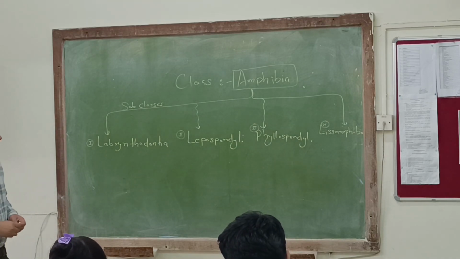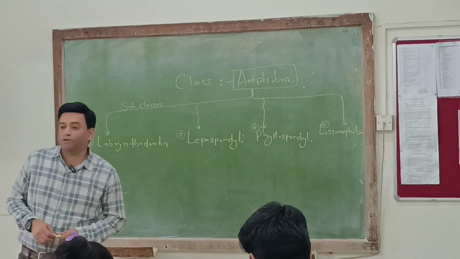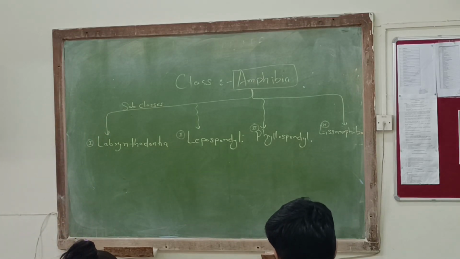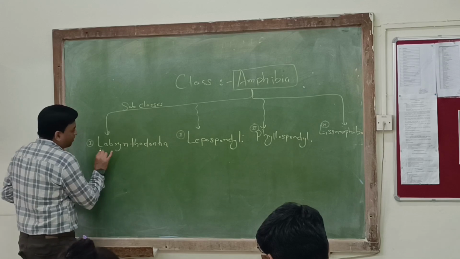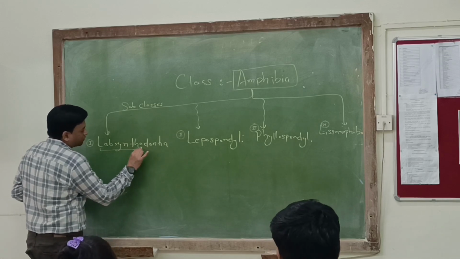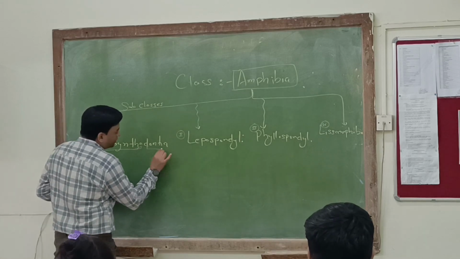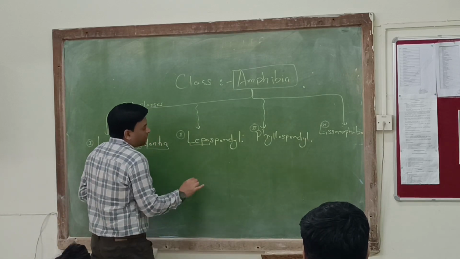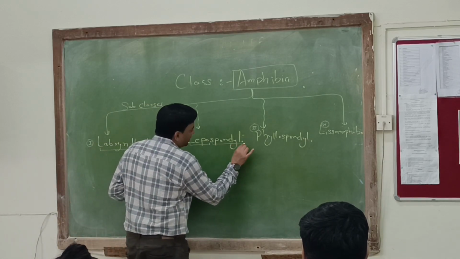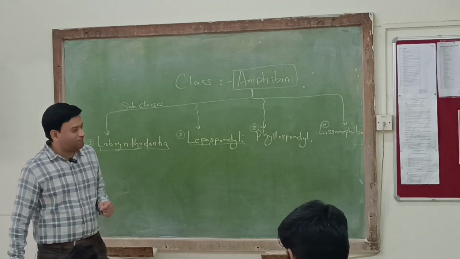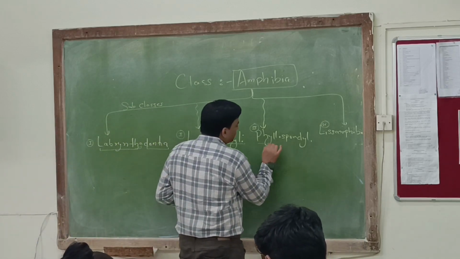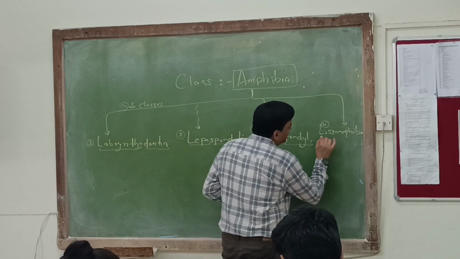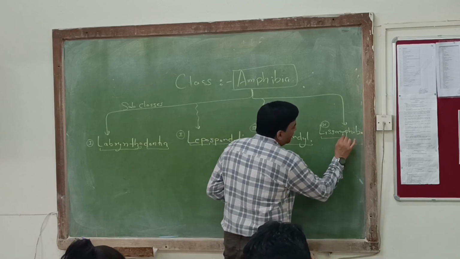These terms seem, at first sight, very difficult, but they are quite easy. Why? Because what is the meaning of labyrintho? And what is the meaning of dontia? What is the meaning of lipo? And what is spondyli? What is the meaning of phyllo? And what does Lis stand for, and what is amphibia?